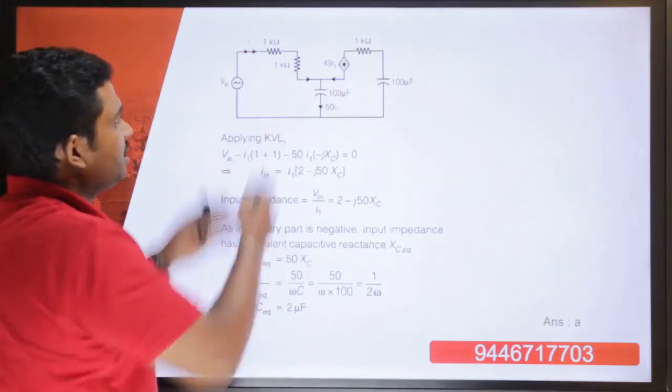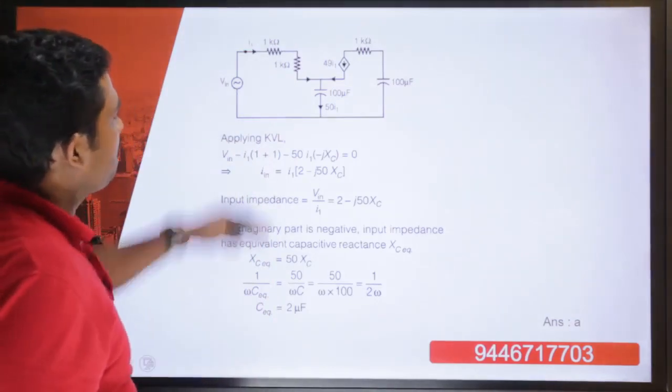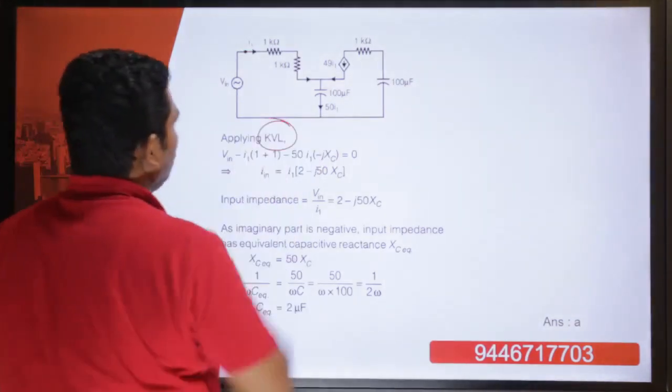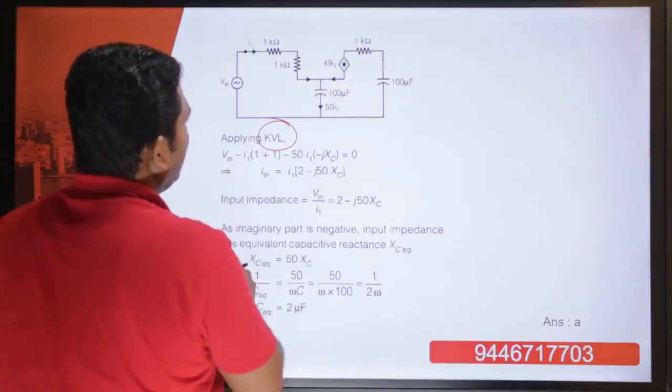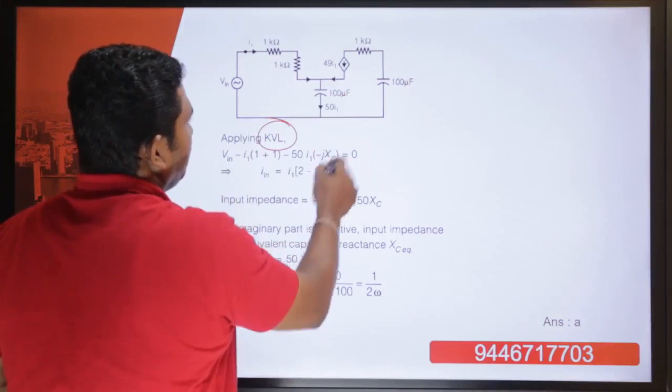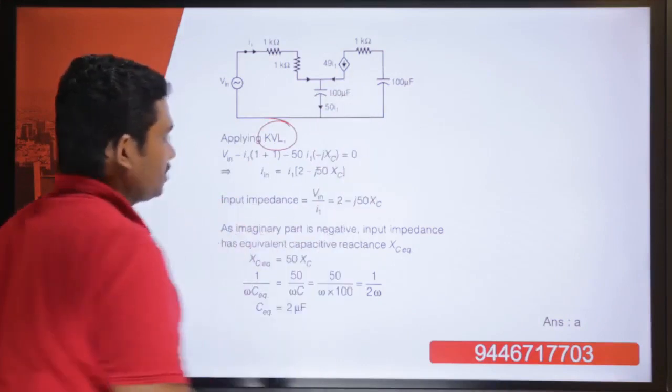So we have recreated the circuit and we are going to apply Kirchhoff's voltage law to the first loop. So that means Vin minus I1 into 1 plus 1 minus 50 I1 into minus jXC is equal to 0.